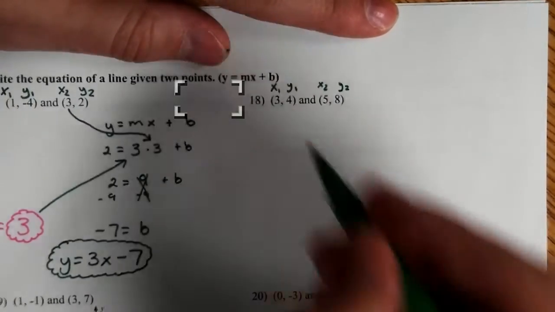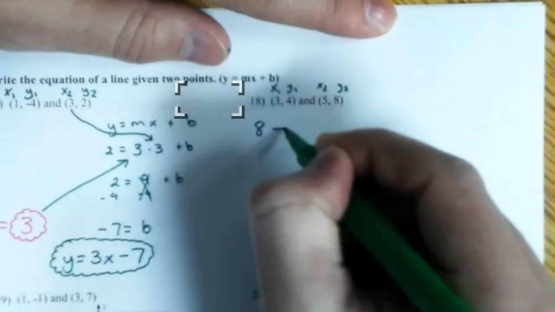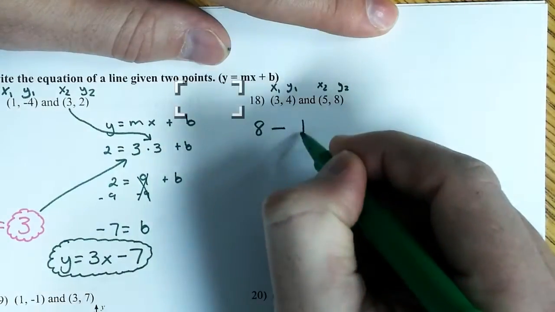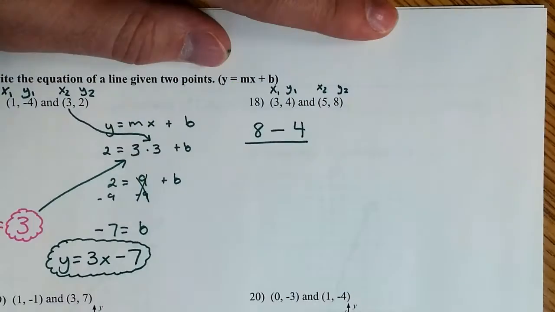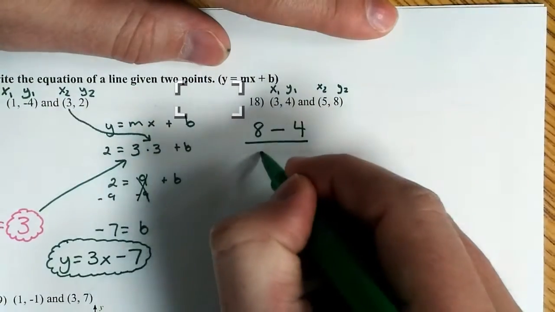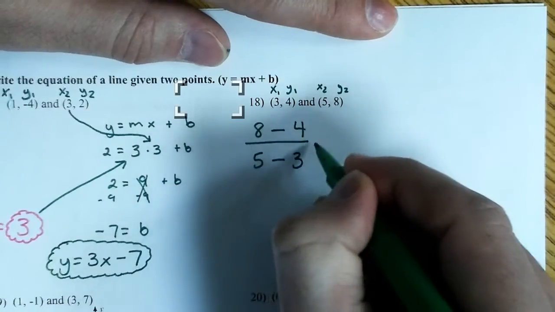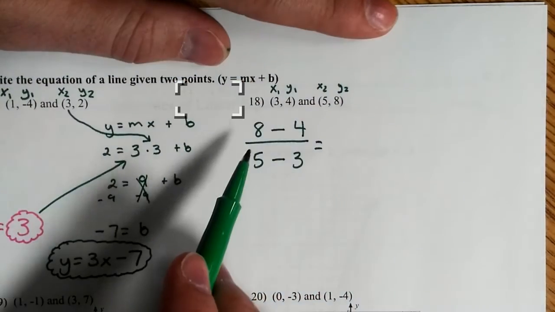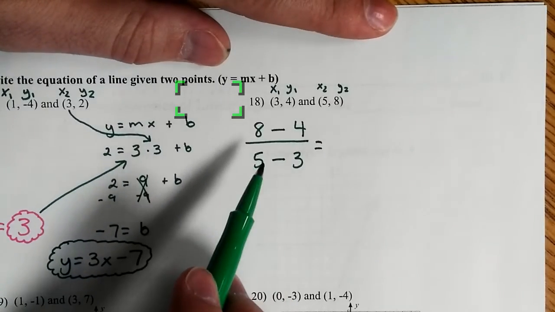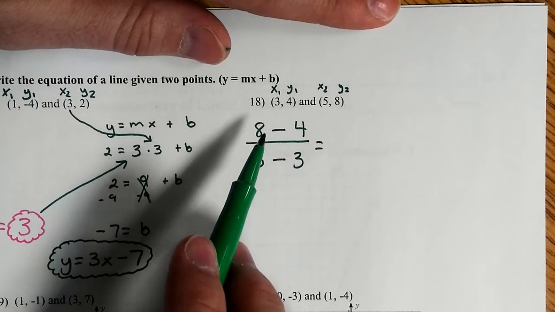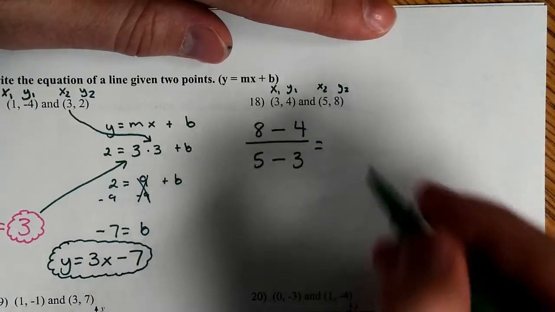So our y2 is 8 minus our y1, which is 4, over our x2, which is 5, minus our x1, which is 3. So we have 8 minus 4 divided by 5 minus 3. That's really 4 divided by 2, and the answer is 2.